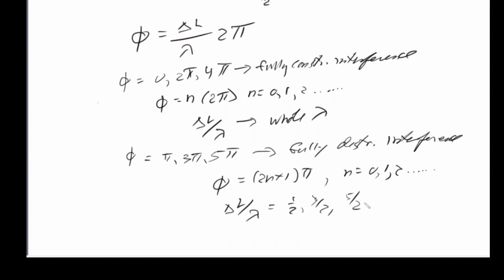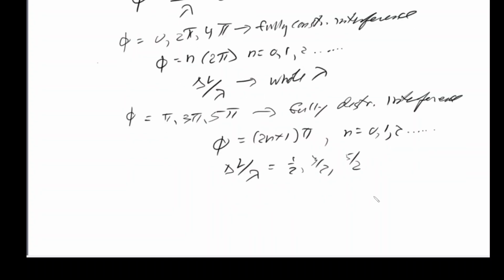In other words, you get a half wavelength phase shift causing fully destructive interference. This is how noise reduction earphones work. When the earphones hear a sound coming in, it shifts the phase by half a wavelength, which then cancels out the sound coming in.